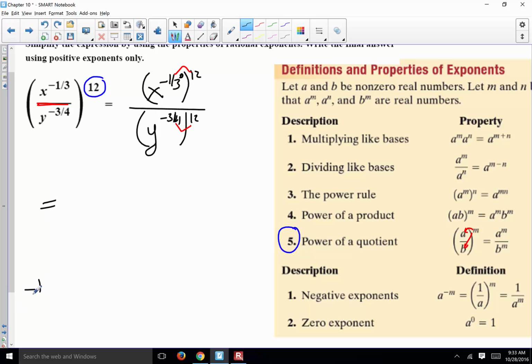So what is -1/3 times 12? Simply cancel these. -4. So the top is -4. The bottom, 3/4 times 12, which is 3, -9. Y to the -9, right?